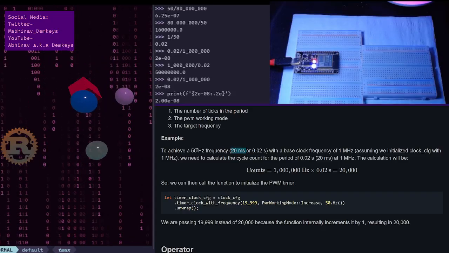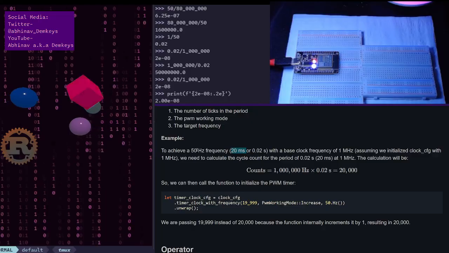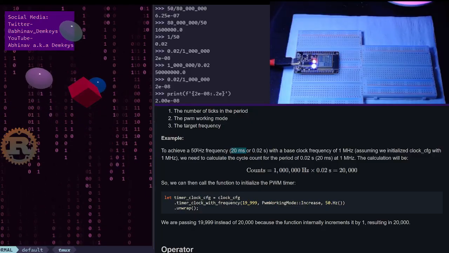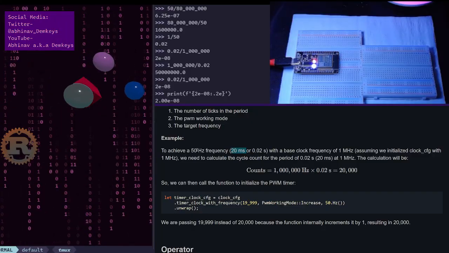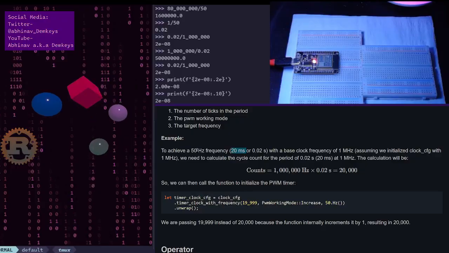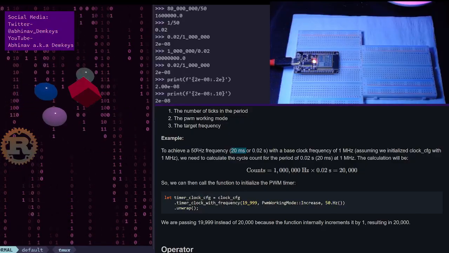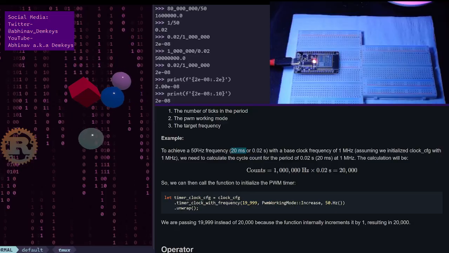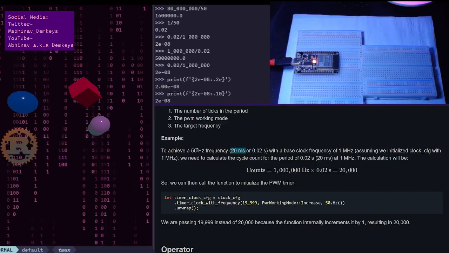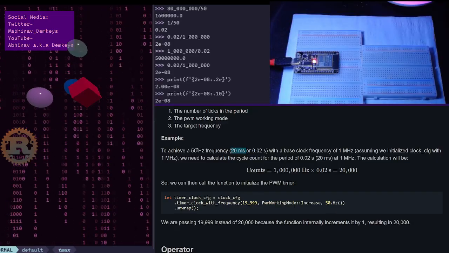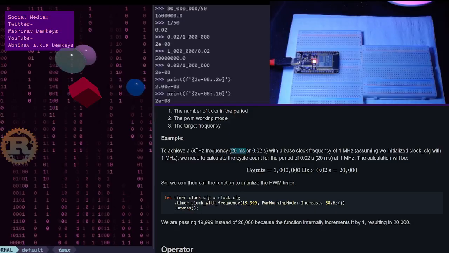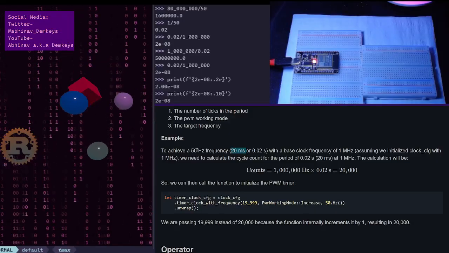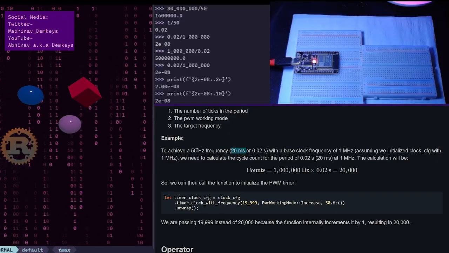Or was it dot 10f? No, there's something that I'm missing here. Hold on. How to print out so and so in Python.